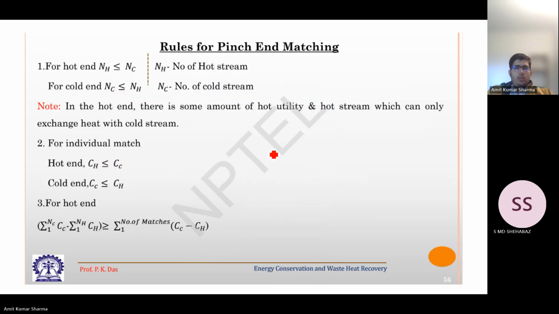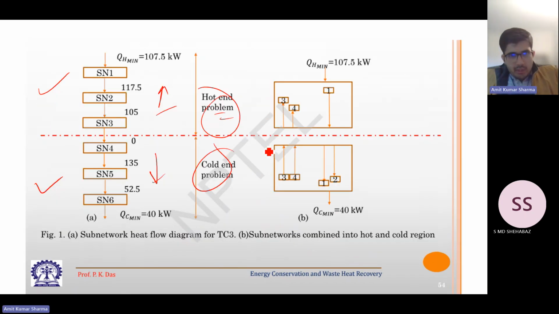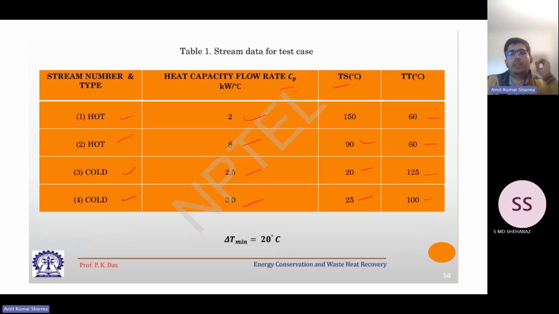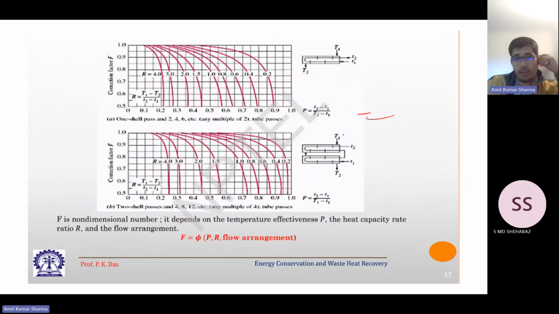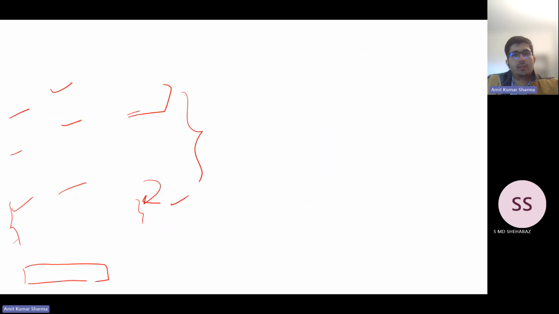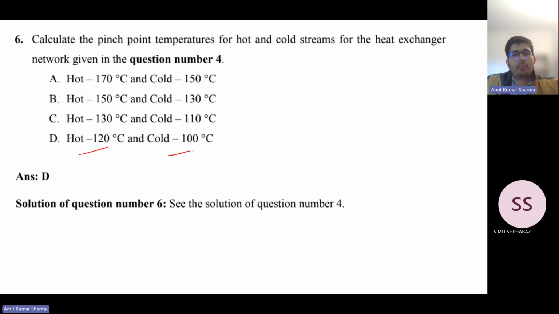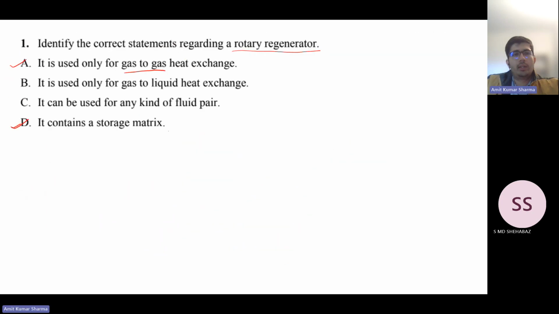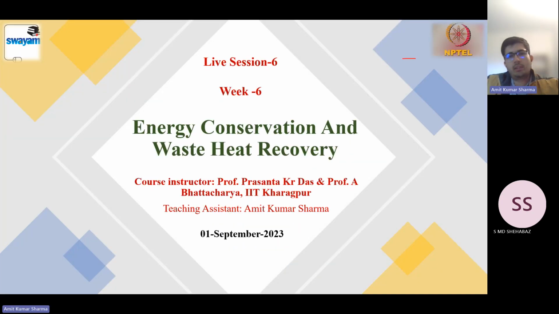Okay. So basically from today's class, we have seen that the heat exchanger network is very important, and the knowledge of heat exchangers can be very useful if we are talking about heat recovery, energy conservation and waste heat recovery, because with heat exchangers only, we are able to recover most of the waste heat.